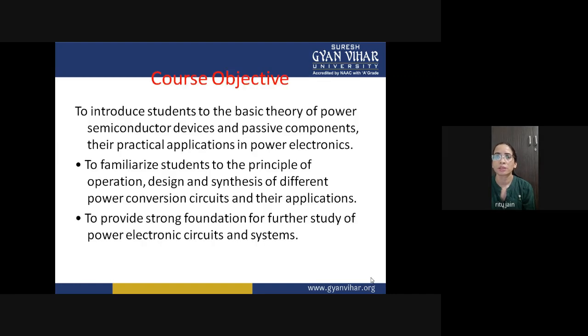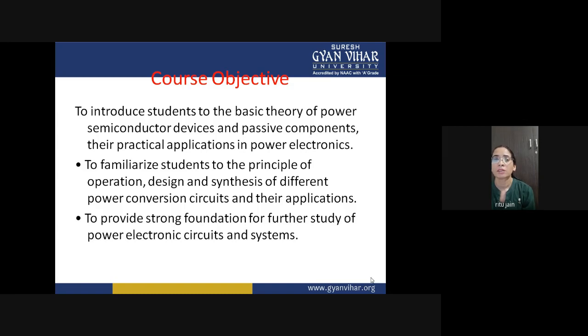Now let's discuss the course objective of this lecture: to introduce the student to the basics of power semiconductor devices and the different types of converters.